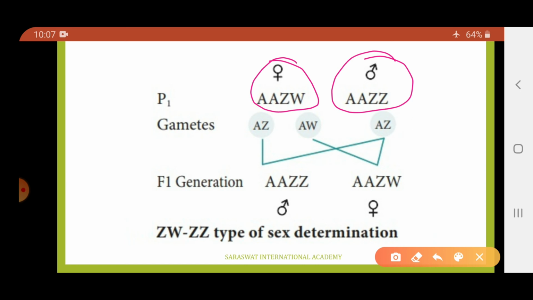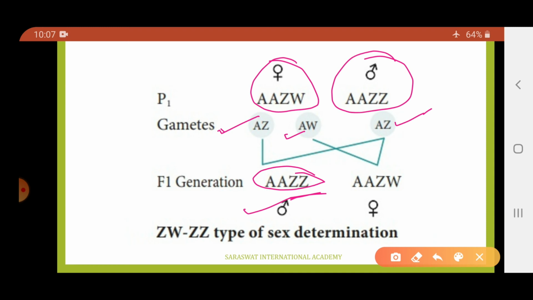The female produces two types of egg. 50% of eggs contain the Z chromosome, 50% of the eggs contain the W chromosome. Whereas all the sperms produced by the males will contain the Z chromosome. Now suppose a Z chromosome containing egg fuses with the sperm, then basically there will be two Z chromosomes and it will develop into a what?